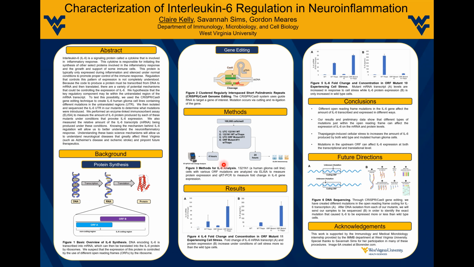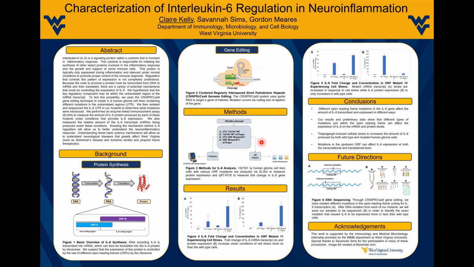So what we did was we have 4 treatment groups. We have the wild type cells, which are the cells that were not mutated. It's just how they naturally are. And we have our mutant. This says mutant 11. We have several different ones that can plug into this methodology.